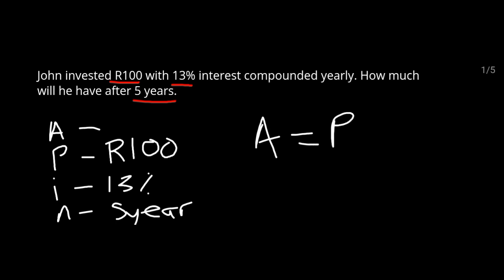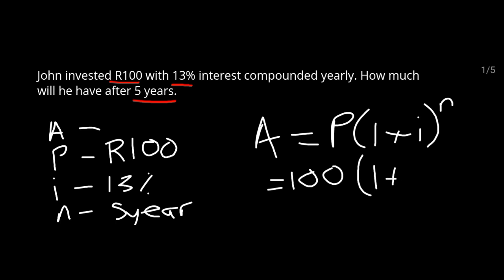A is equal to P into 1 plus i to the exponent of n. That's our compound interest formula. So P is 100. This person has invested 100 in the bank. Then 1 plus my interest, which is 13%. Remember, just like in simple interest, our interest must be a decimal, not a percentage. So I'm going to convert 13% into a decimal, divide by 100.